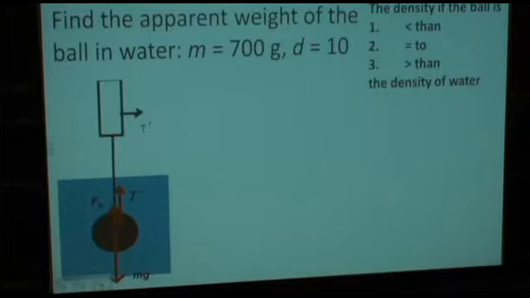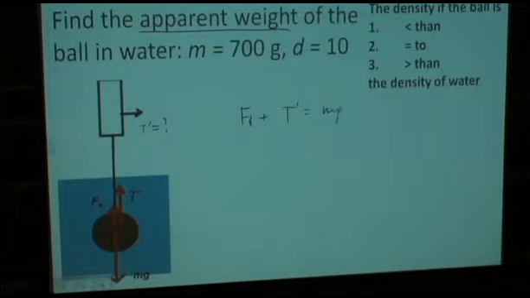Here, the apparent weight. Well, we know the apparent weight is that reading we observe on a scale. So basically, that's what we're looking for. If we calculate tension, that's it. The free body diagram is here. So what do we do? Well, the buoyant force plus tension should cancel gravity.